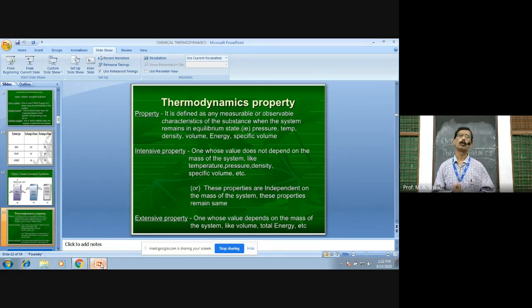In all, I have told you 7 extensive properties: mass, volume, number of moles, energy, entropy, enthalpy, and electrical resistance. You can add other properties also. So do a Google search. You will get other extensive properties.